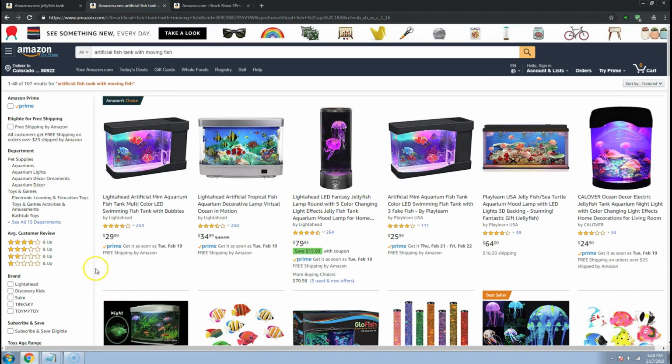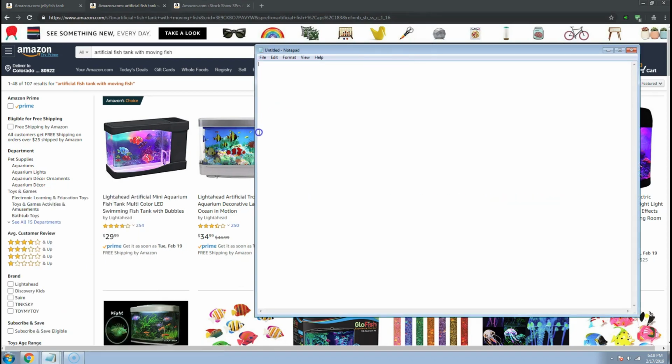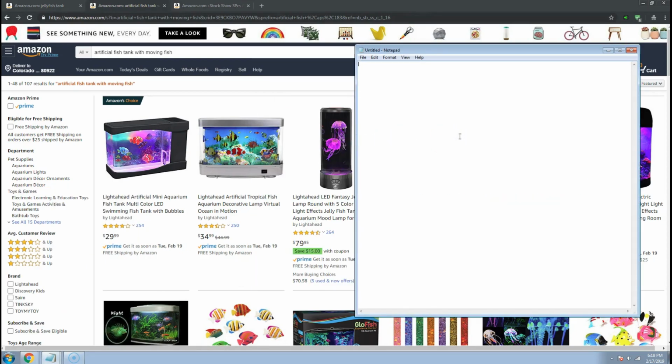And so when we think about something like this, right, let's go back to like the needs of the market and what people might be looking for in an artificial fish aquarium. So people are going to be looking for like a fish tank, obviously, real fish tank with water.